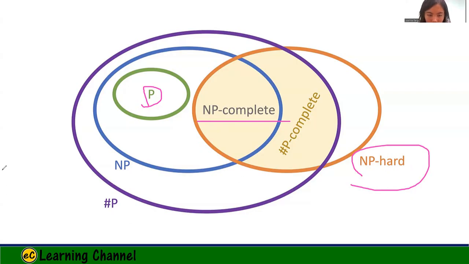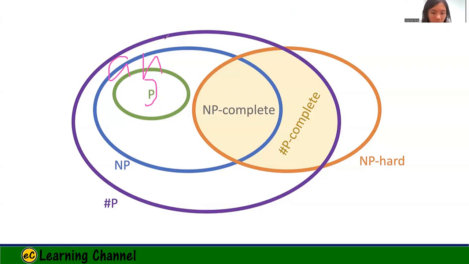Anything you can describe as AN squared plus BN plus C, in polynomial time, we call it P problem, polynomial time problem. Something that's not polynomial time, we call it NP problem. Harder than the NP complete problem, we call it NP hard, okay?